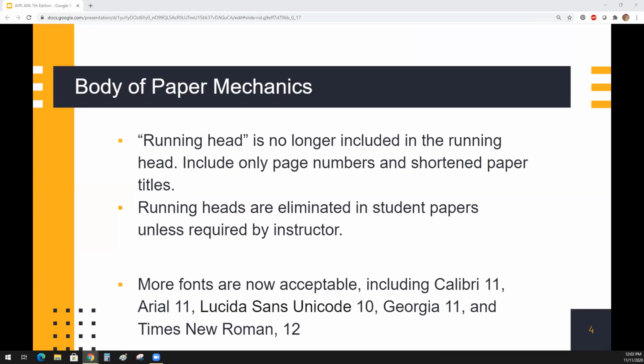Okay, so on to the basics, the beginning, which is the body of paper. We're breaking this up into the body of paper mechanics, the citation mechanics, and then the philosophical changes. So in chapter 2, the running head is covered. There are also the headers that you use in your paper.